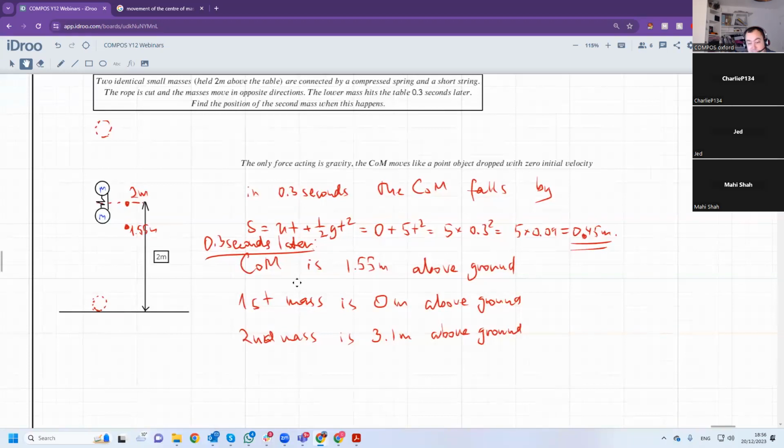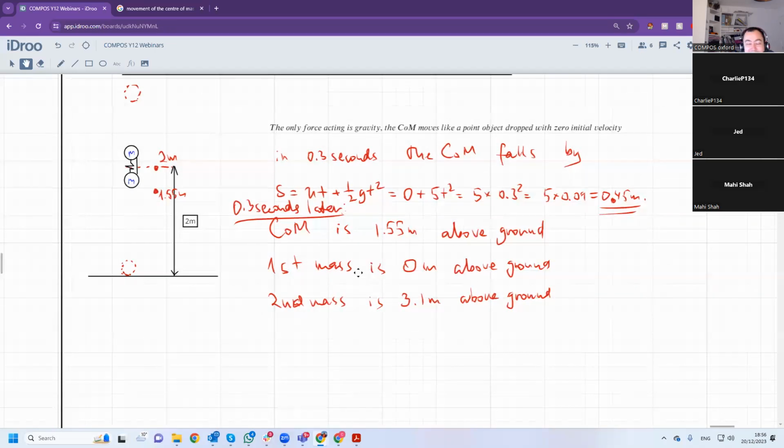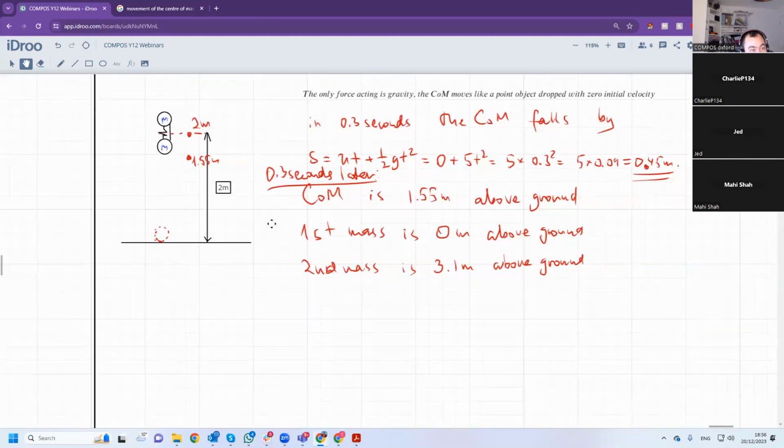Or you can actually use it to measure time, right? If you take a ruler, 45 centimeters, that's how long it takes to fall 45 centimeters: 0.3 seconds. So you can time things with that. You can measure time.